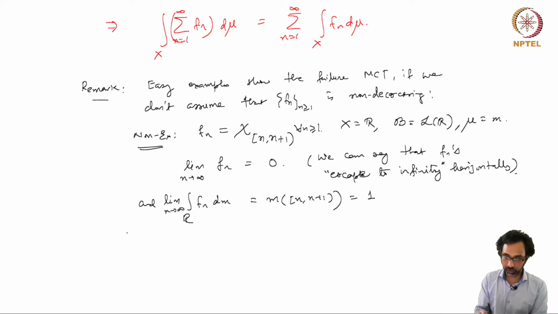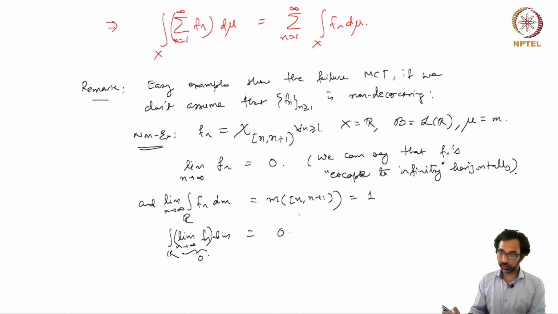On the other hand, if you take the integral of the limit of fn dm over R, then this is nothing but 0 because this is the 0 function. So we see that the monotone convergence theorem fails when we have these escape to infinity problems, when it does not satisfy the hypothesis of the monotone convergence theorem.